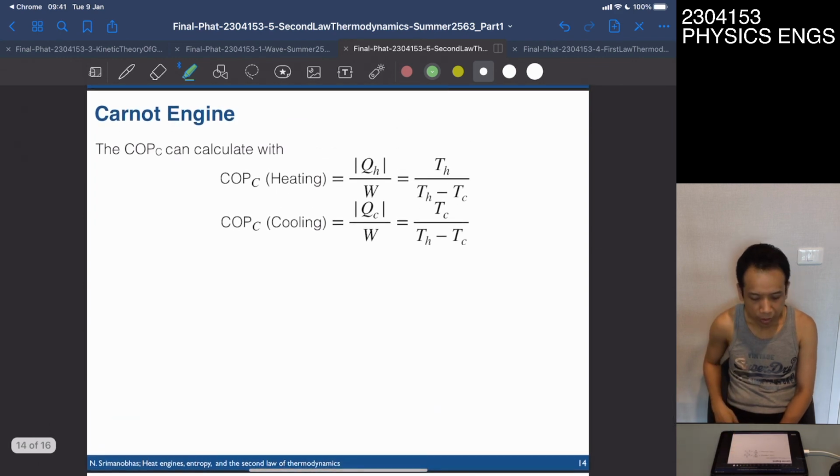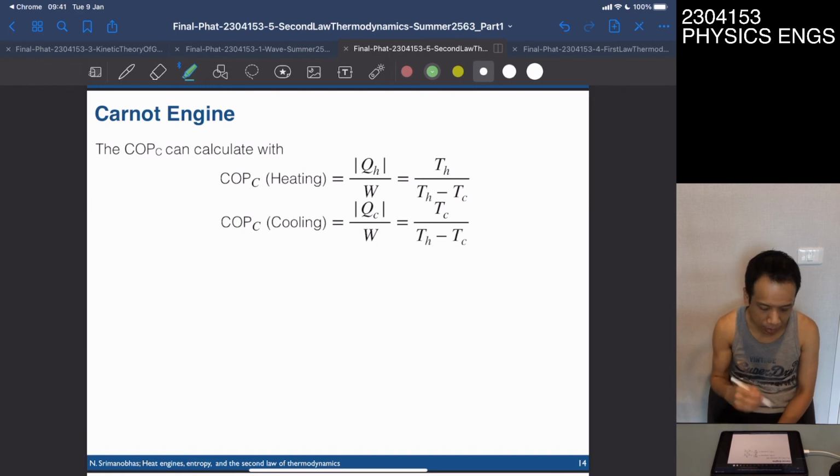We can also calculate the COP of the Carnot engine, subscript C. For heating, you take the same formula, absolute QH divided by the work, so you get TH divided by T hot minus T cold. And the COP of cooling is QC over W, which is equal to T cold divided by T hot minus T cold.